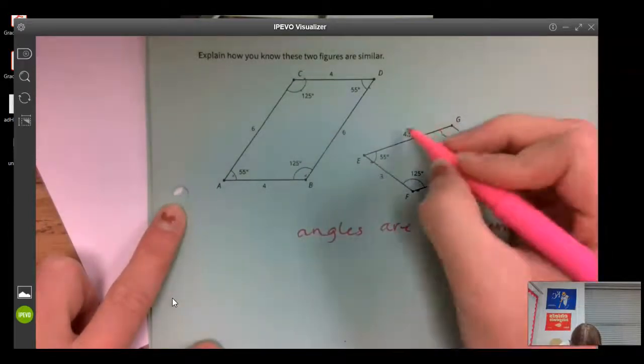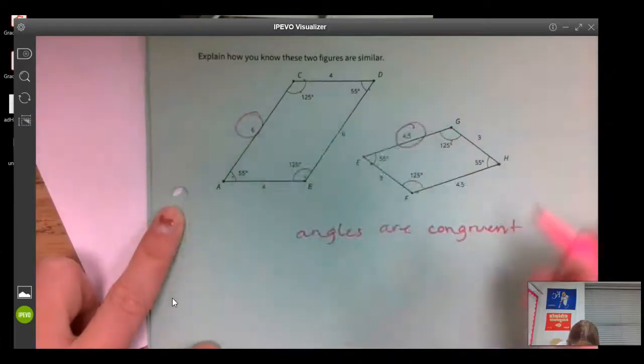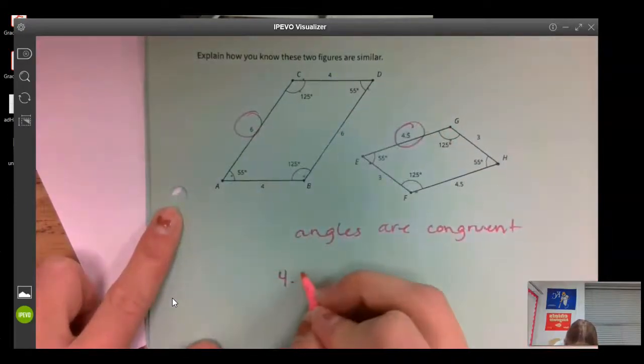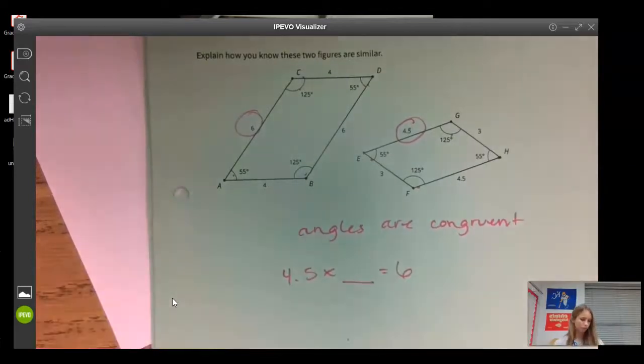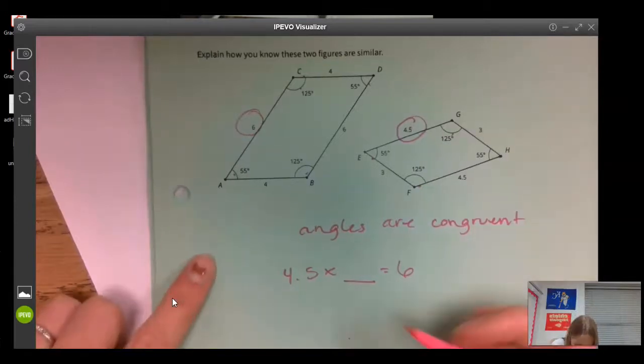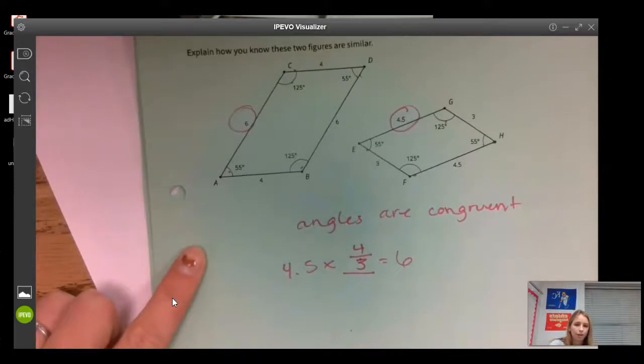Now, we could say that this is our original figure and this is our new. So we could see 4.5 times something equals 6. So you might want to get your calculator out. If you plug that into your calculator, you'd get 4 over 3 could be your scale factor.